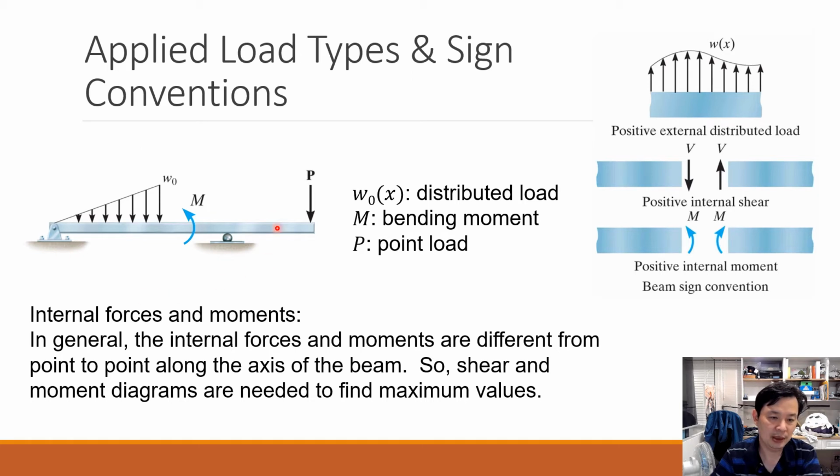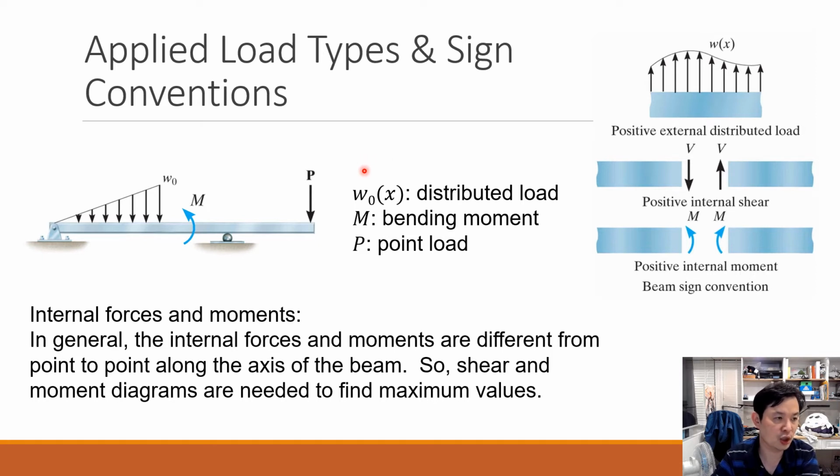For a beam like this, usually we have various types of applied load, external applied load, such as distributed load, bending moment, and point load or point force. And we may have different numbers of these applied loads and different types of combination. So in general, you may have various or numerous types of loading condition on the beam.